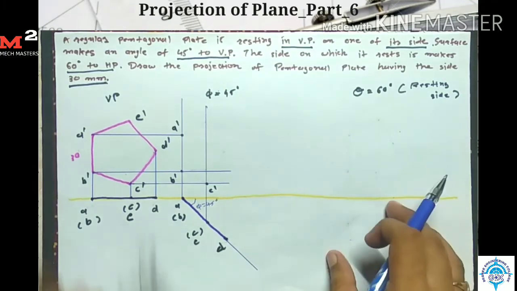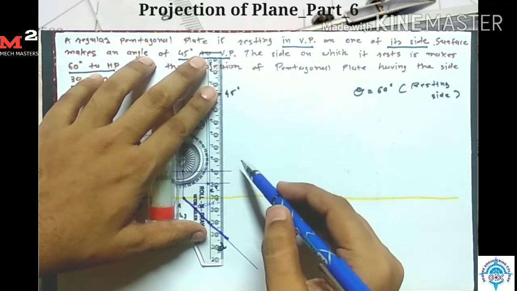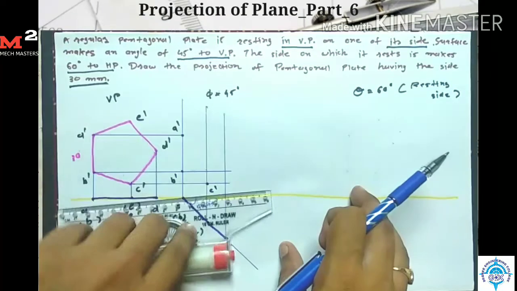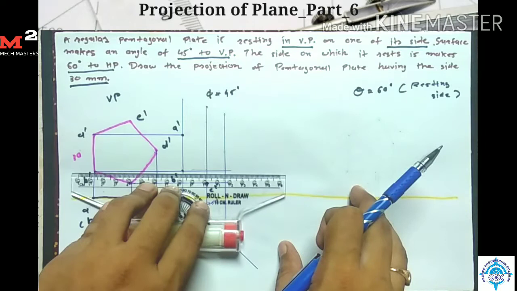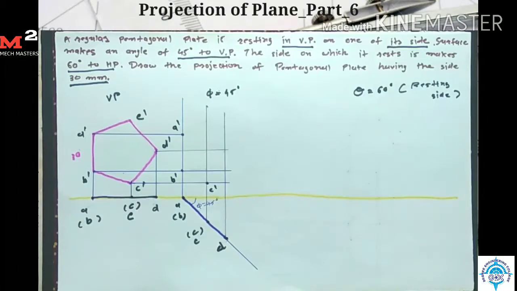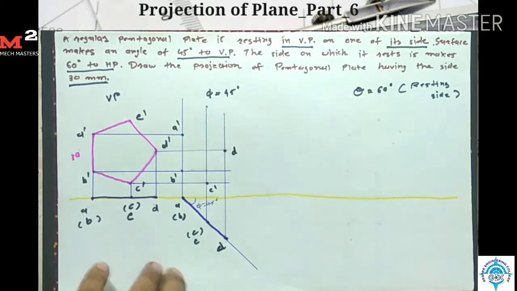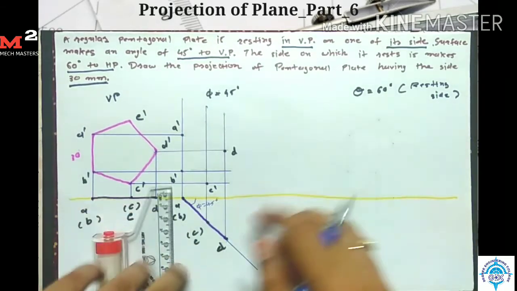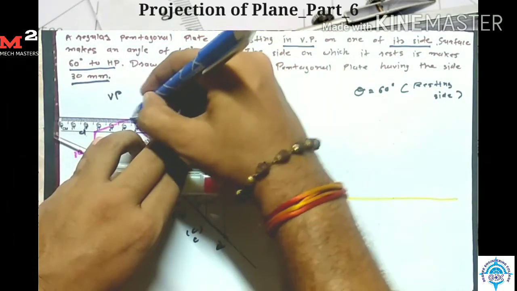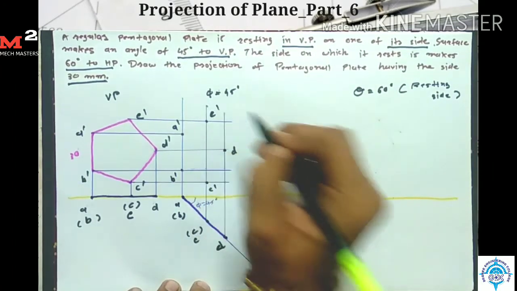Now for point D, I take the projection from here and from here. And for point E, I take the projection from here and from here. The intersection of these two lines gives me the point E dash.